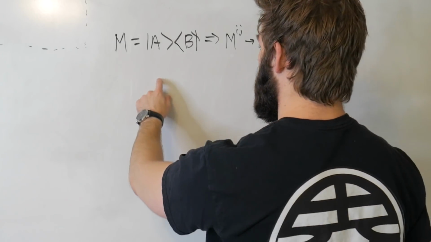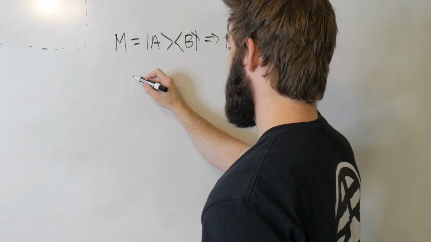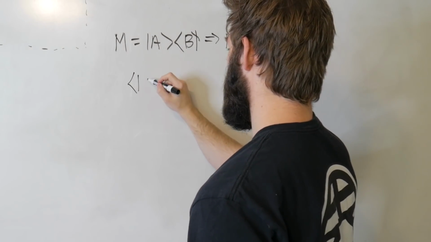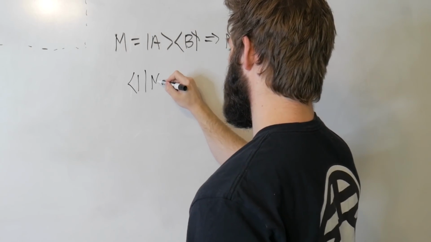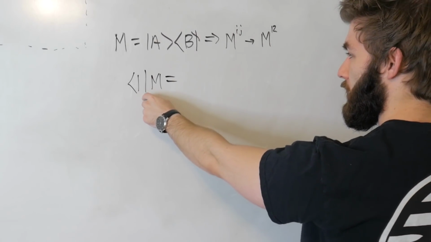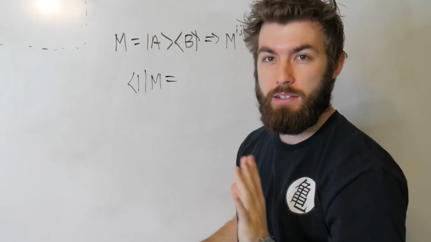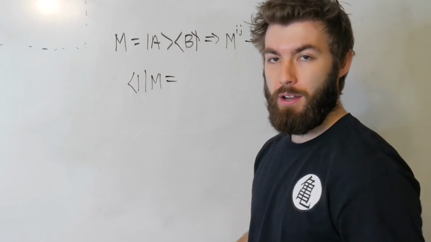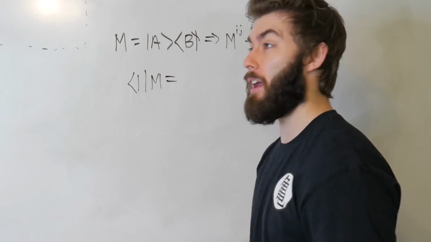Well, what we can do is, let's take ⟨1| times this matrix M and see what we get. So we're just starting with this. I'm not making any insinuations that this is going to give us a row vector or a column vector. We're just going to see what happens.